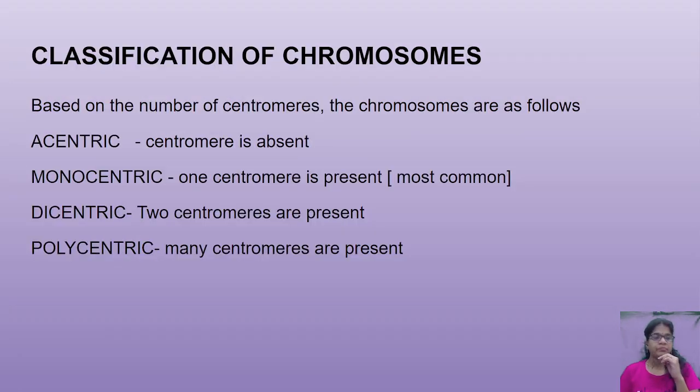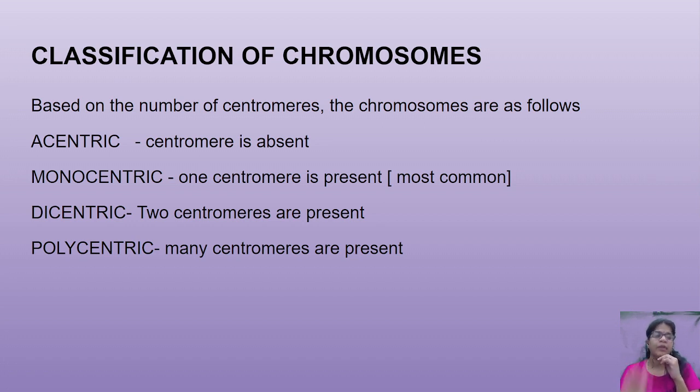Okay, now let's classify the chromosomes based on the centromeres. Based on the number of centromeres, if a centromere is not at all present, they are called acentric chromosomes. Monocentric means one centromere is present, dicentric means two centromeres are present per chromosome, and polycentric means many centromeres are present. Out of these, monocentric is the most common one.